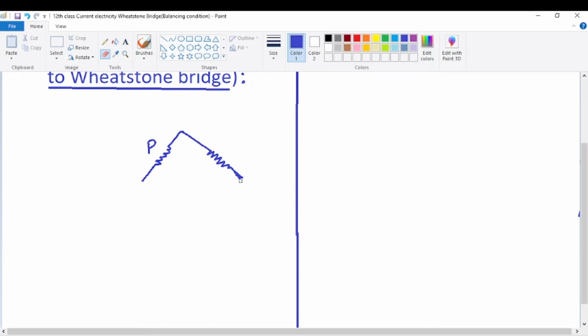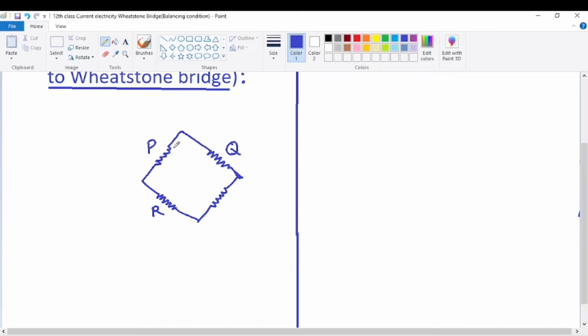The first resistance is P, the second resistance is Q, and the third resistance, I'm drawing it here, is R. See here, they are connected end to end such that they form a complete closed loop, almost like a square loop, almost like a kite which will fly.